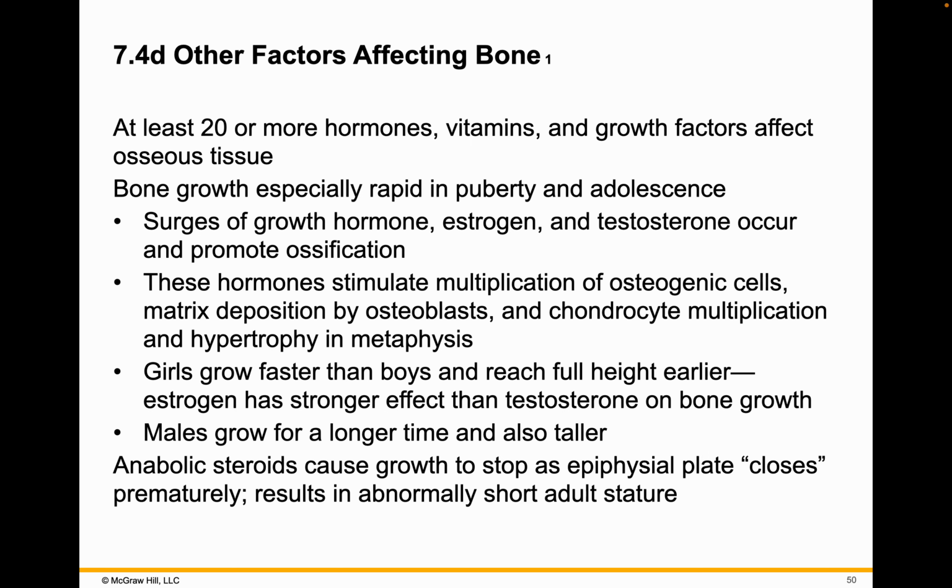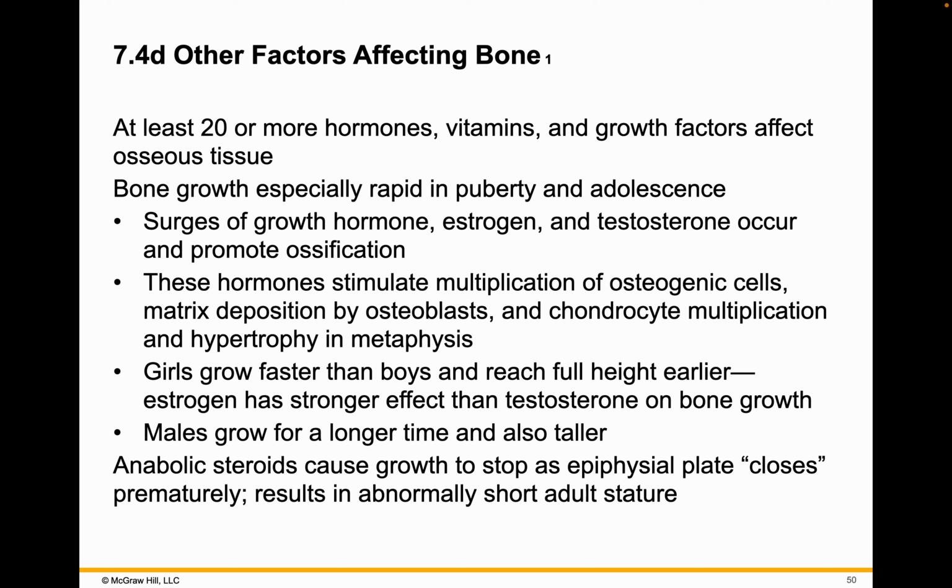At least 20 or more hormones, vitamins, and growth factors are going to affect osseous tissue. Bone growth is especially rapid in puberty and adolescence. Surges of growth hormone, estrogen, or testosterone occur and promote ossification. Hormones stimulate multiplication of osteogenic cells, matrix deposition by osteoblasts, and chondrocyte multiplication and hypertrophy in the metaphysis.